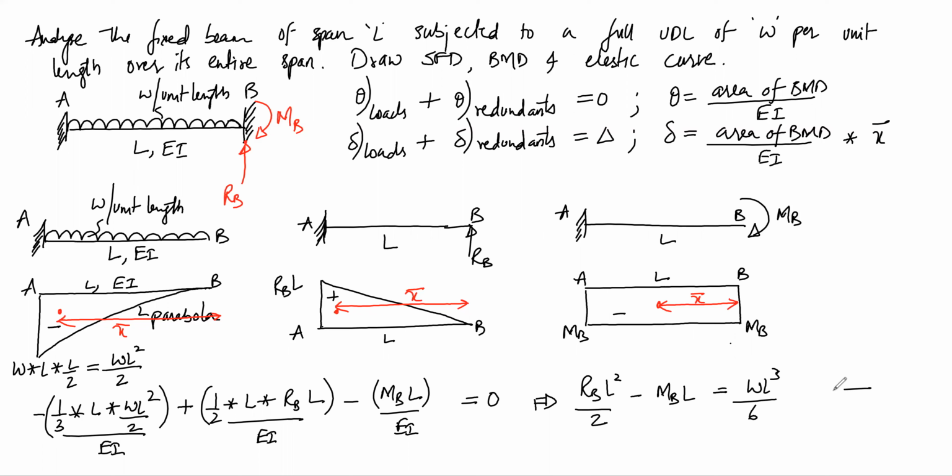So this is our first equation, in which there are two unknowns, RB and MB. So I'm simplifying these equations. I'm keeping RB and MB on one side, and this part is sent to the right hand side. I get my equation 1.